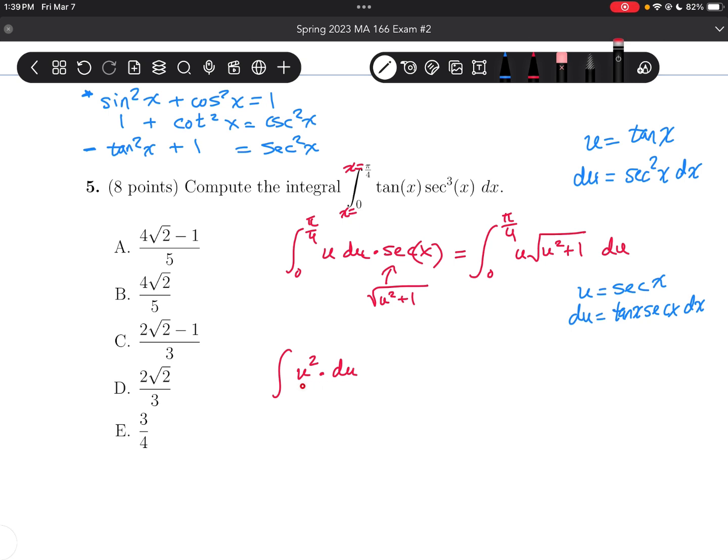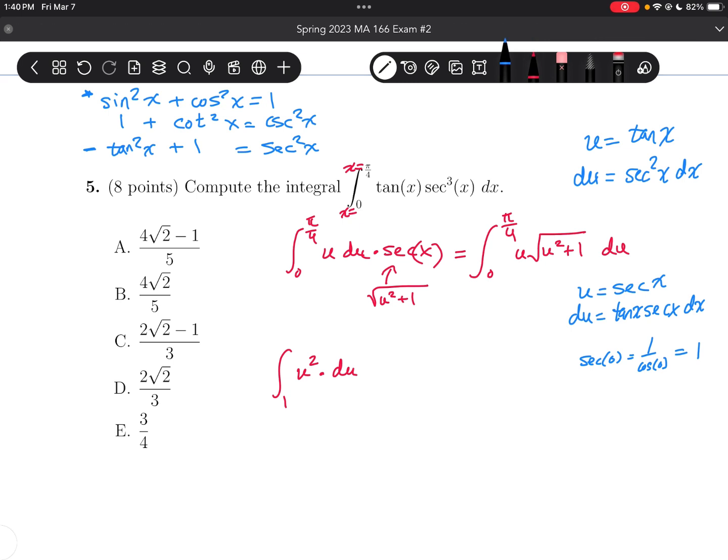Now that we're integrating in terms of du, I can't use these same lower and upper bounds. I need to calculate those bounds in terms of u. And the way I'm going to do this is by plugging in the lower and upper bounds into this equation over here. So to find the lower bound, we take secant of 0. That's equal to 1 over cosine 0, which is equal to 1. So the lower bound is 1.